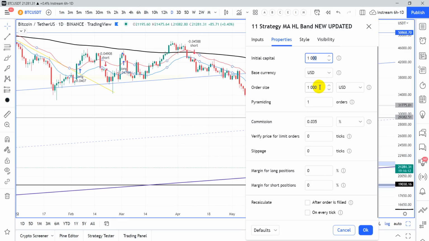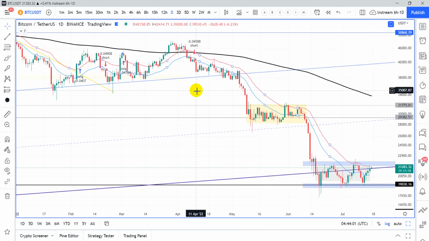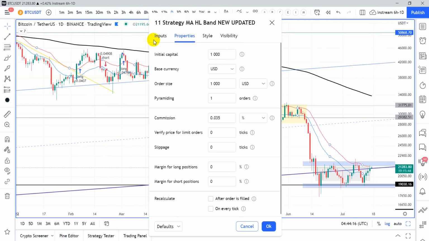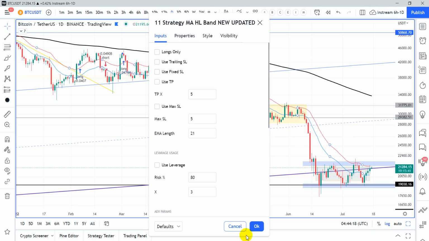So if there was a little loss, you have to add a little, depending on the loss or the profit, and every order will be a $1,000 order. For the take profit, right now we have the reverse signal. Whenever the signal reverses, we take the profit. And for the stop loss, as you can see on the inputs, there's no stop loss selected.